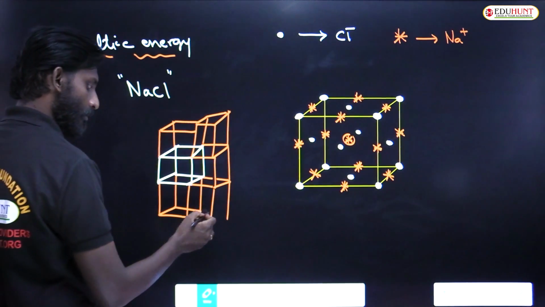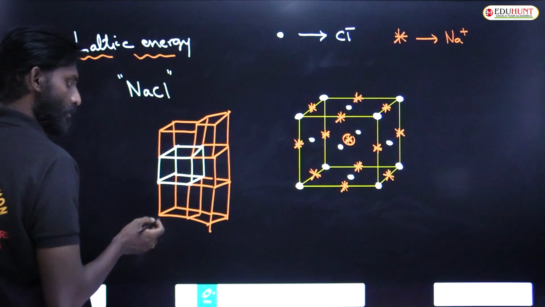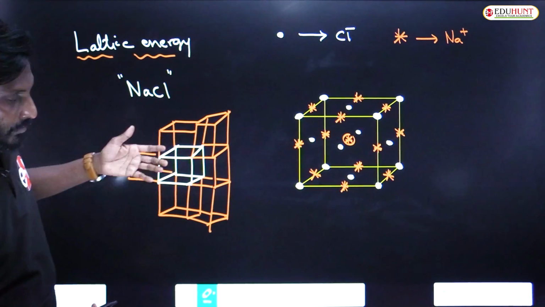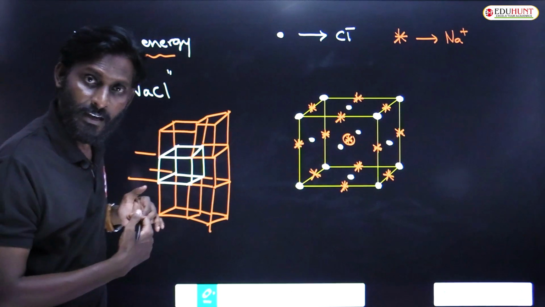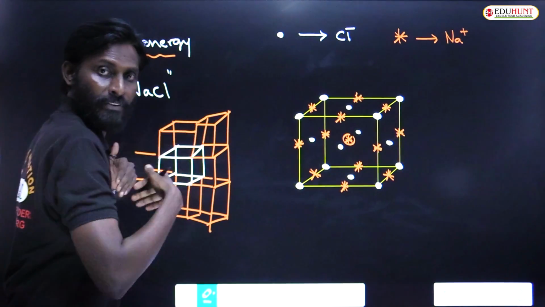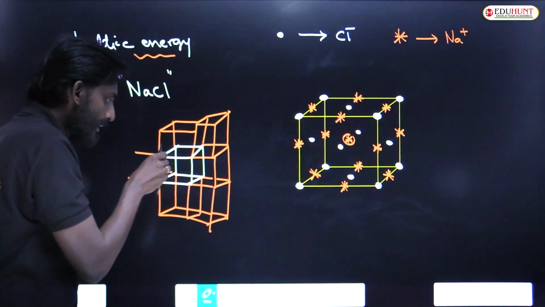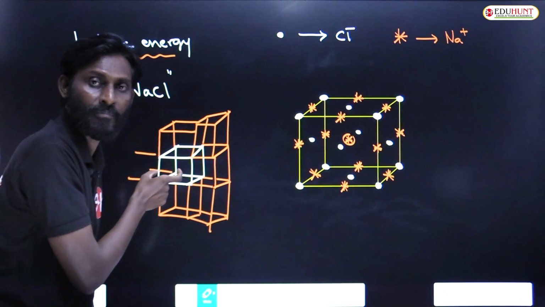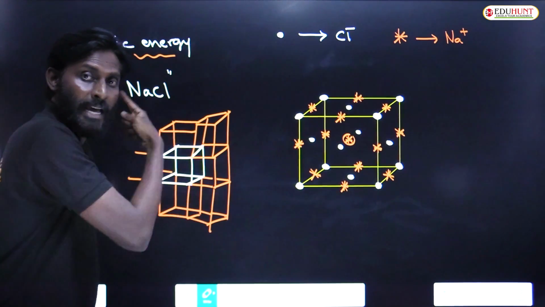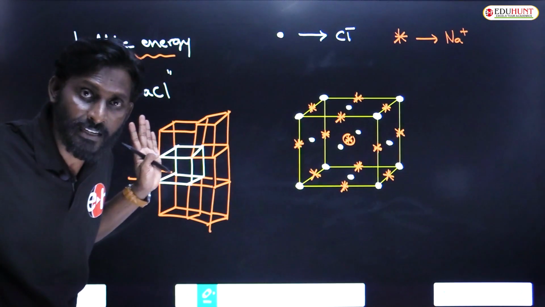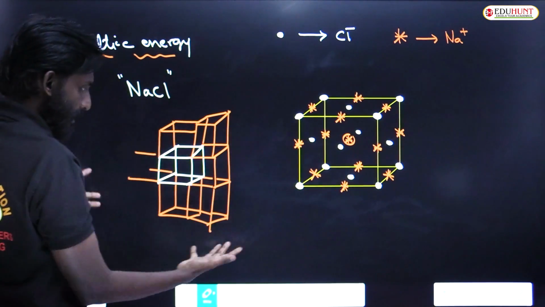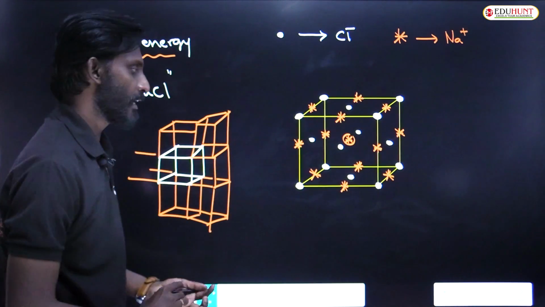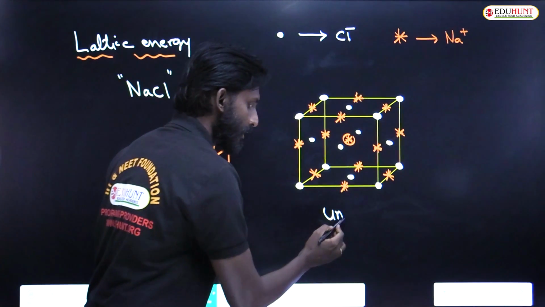Towards the left side also you can repeat, or similarly outside the board towards me, outside the board away from me. So this white color cube is the basic portion which repeats three-dimensionally in all directions to form the entire crystal. That's why this cube is called unit cell. This is that cube, unit cell.